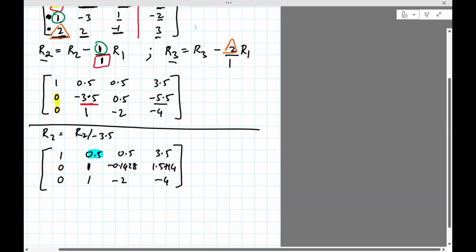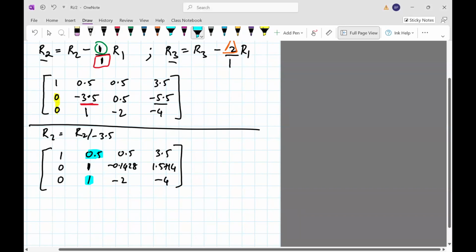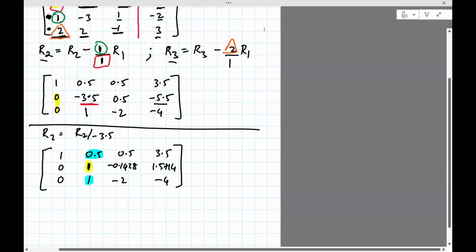We want zeros here and here. So I ask myself, what can I do with the pivot, which is this one, to get zeros in row 1 and row 3?